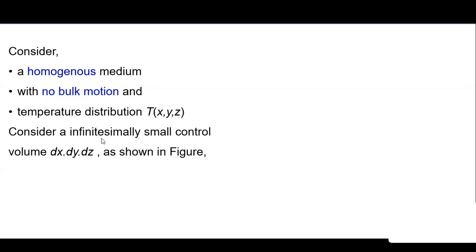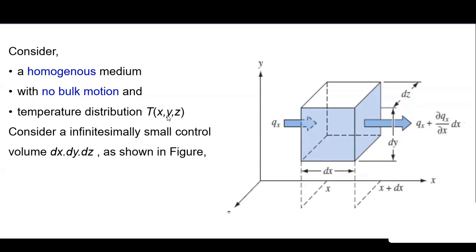Consider an infinitely small control volume, a very small volume whose dimensions are dx, dy, dz in the respective x, y and z directions. It is shown like this. You can see that this is the x direction, this is the y direction, this is the z direction.